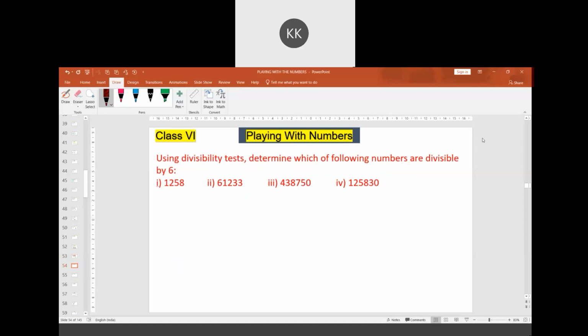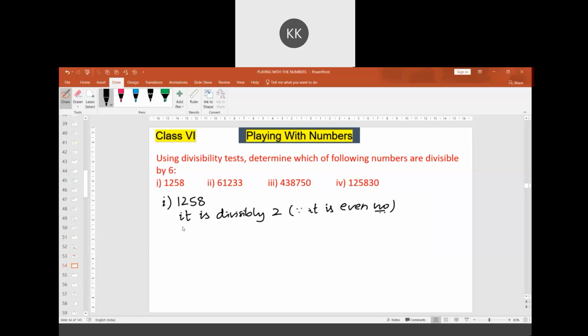Next question is related to the test for divisibility by 6. And you must know that if the number is divisible by both 2 and 3, then the number is divisible by 6. For example, the first one we have 1258. It is divisible by 2 because it is an even number.